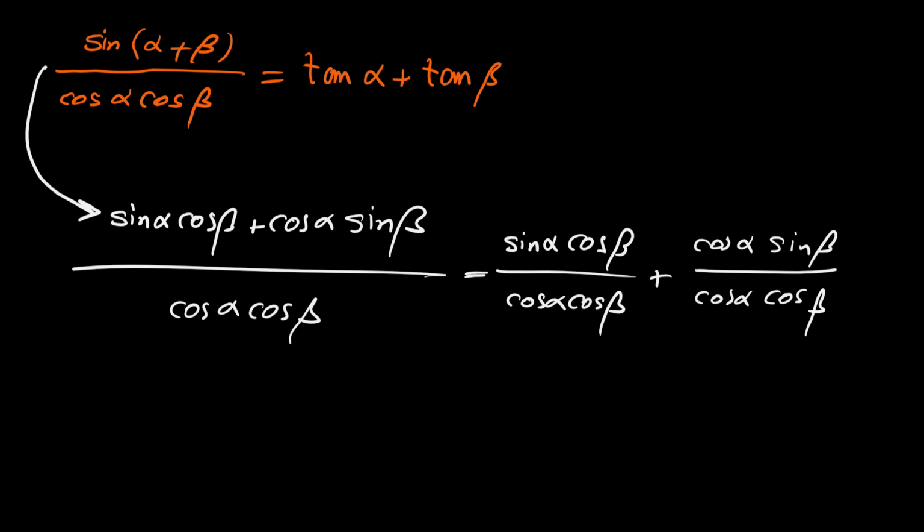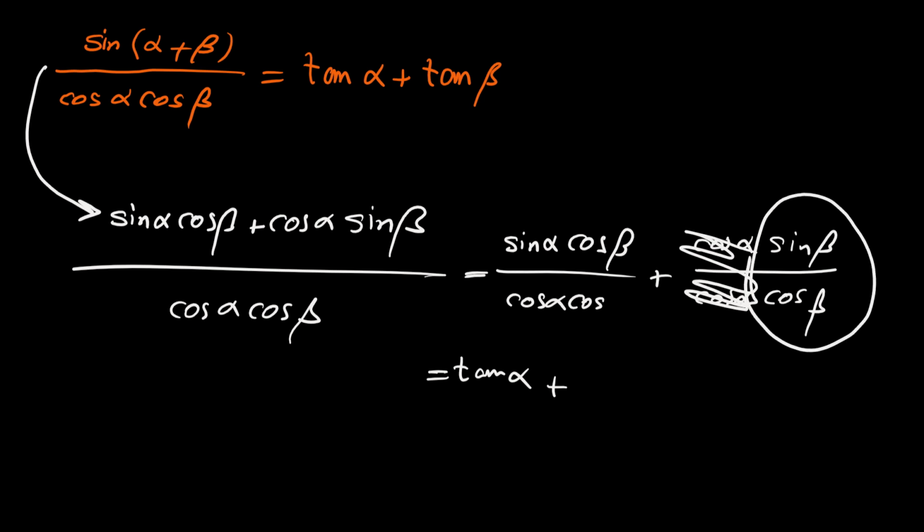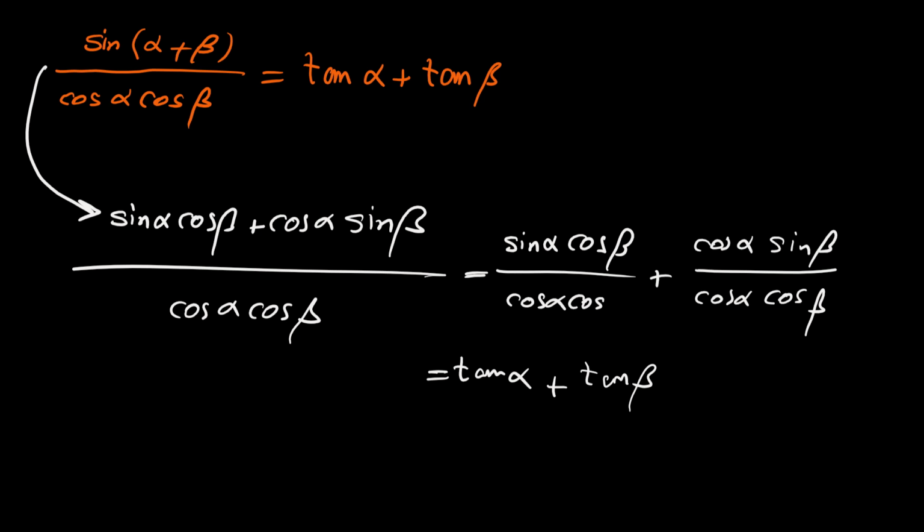Now if we simplify, the cosine with cosine cancels and we have sine over cosine, but we know that sine over cosine is tangent alpha. For the next fraction, if you pay attention, cosine with cosine cancels and we have sine beta over cosine beta, which is tangent beta. And this completes the proof of this identity.